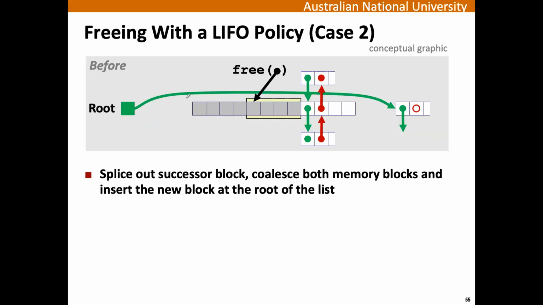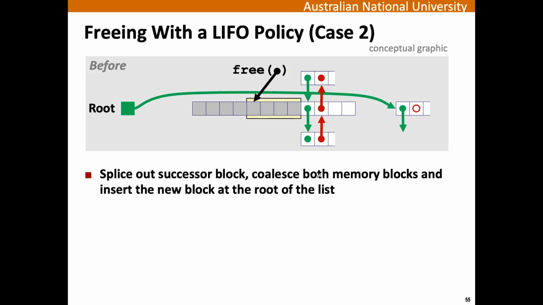Okay, so what about this case? Now we have a situation where we have some free words at the right of the block, and we are freeing this block over here. Okay. So we're going to splice the successor block. We are going to coalesce both memory blocks and insert the new block at the root of the list.